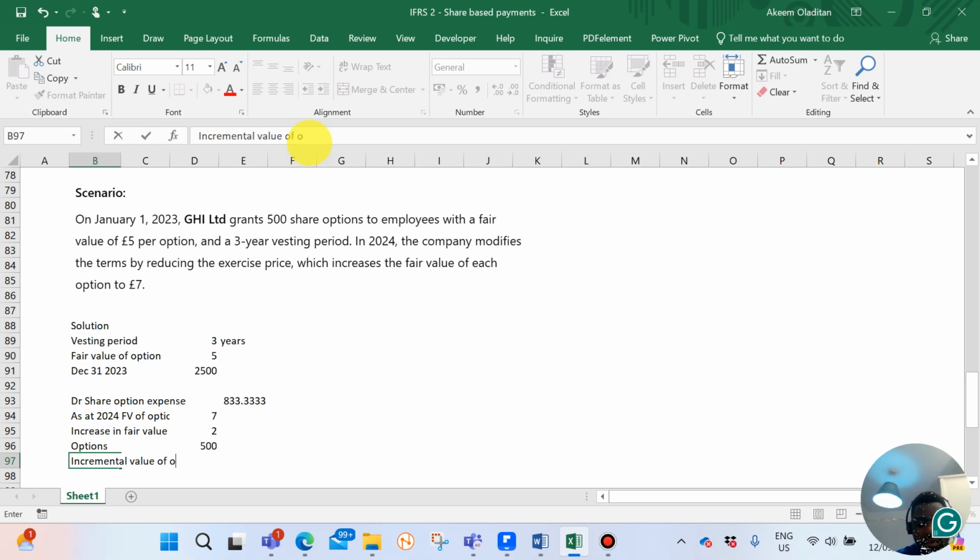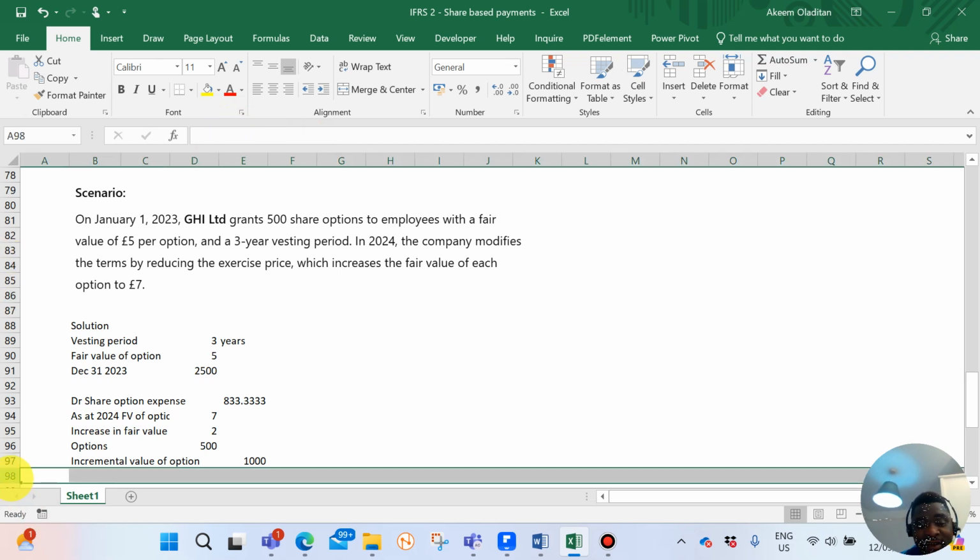Incremental value of option will now be 500 times the increase. That is 1000. But don't forget that we have 3 years. That is the technicality here. We have 3 years to that option.